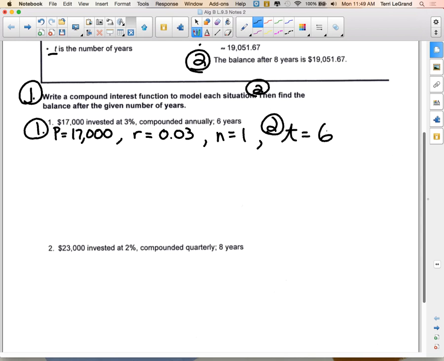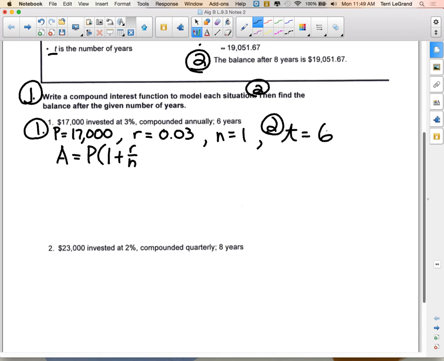Okay, so in number 1, we are going to substitute into our, let's write our formula down first. Capital A, amount in the account after a certain amount of time is equal to capital P times, in parentheses, that 1 plus, but this time it's not plus R, it's plus R divided by N, R over N. How many times will they give that rate to you during the year?